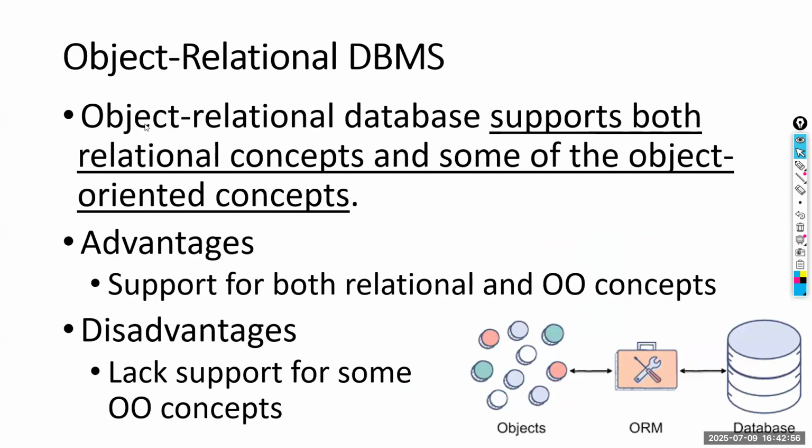That means it supports both the new object-oriented concepts and all relational concepts. So it's the best of both. Rather than using object databases, some people prefer object relational databases because you can use it as a relational database as well as an object database, or a mixture. So that approach is also there.